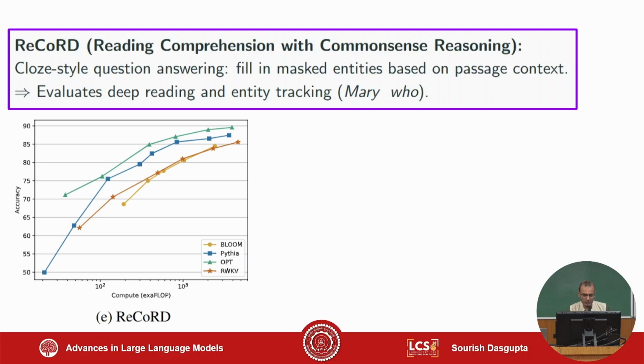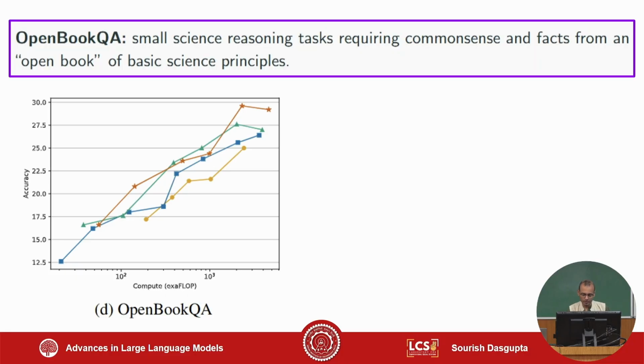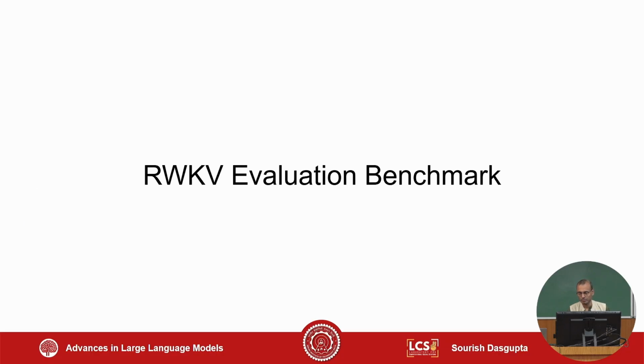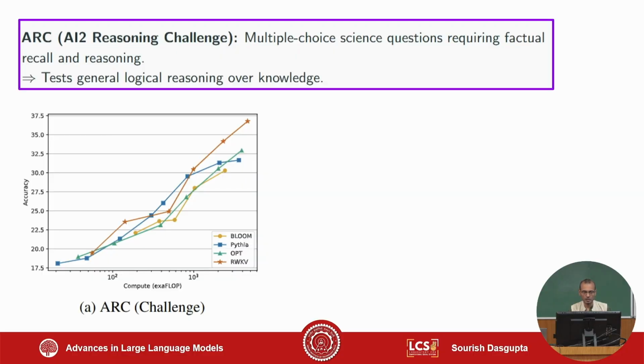Okay. So you will get the lecture, so don't worry about it. So we are in a phase where we are looking at the performance of Rakov, and how it performs with respect to other transformer based models, right? So we saw the standard ARC challenge, and it does pretty well in terms of how the accuracy increases as you increase the compute.